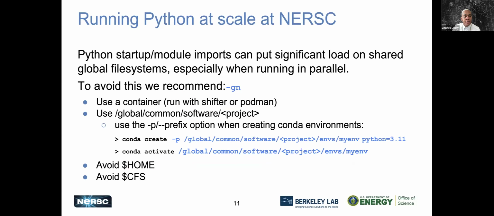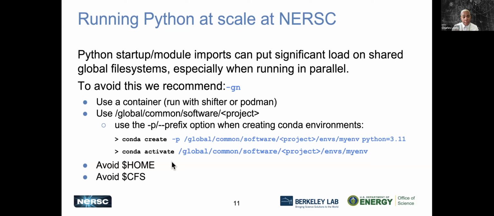All right. And so again, this can also tie back into a lot of the best practices for data management that Lippy just presented on. Running Python at scale at NERSC, if you're going to be running significantly large loads across multiple nodes on our system, we do have a few recommendations.